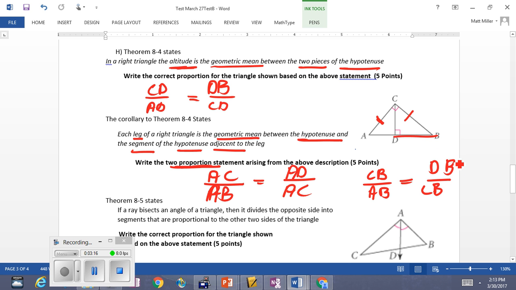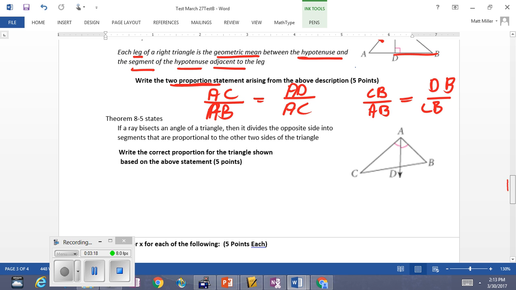Okay? There's that proportion. And lastly, the angle bisector. We get the proportion as stated here. If a ray bisects the angle of a triangle, then it divides the opposite side into segments which are proportional to the other two sides of the triangle. So we could write this a number of ways.